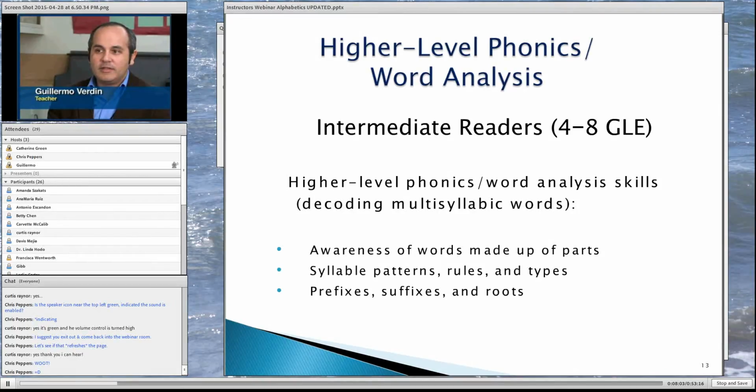And the focus for the intermediate reader when it comes to phonics and word analysis is having this awareness that words are made up of parts. These multi-syllabic words are made up of parts. It also focuses on syllable patterns, syllable rules, and syllable types. In addition, there's also a strong emphasis on prefixes, suffixes, and roots. Now, this webinar focuses on instruction for these intermediate students.